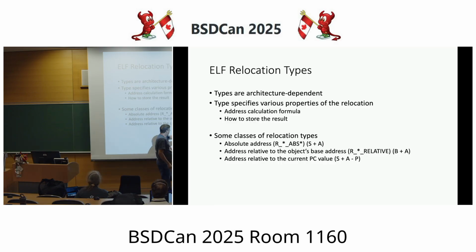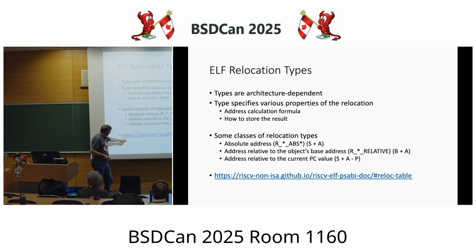So in this case, when we're computing the address we're going to fix up, we take the symbol and its addend, and then we subtract off the current place that we are, because usually you use this when you're patching an instruction, and the instruction already knows it is using an offset relative to the PC. I have an example here of a place you can go to see the list of relocations for RISC-V, and you'll see this kind of annotation used to describe the address calculation formula.